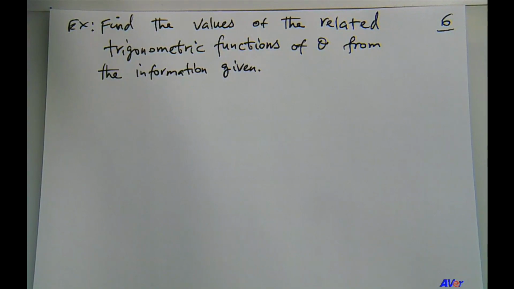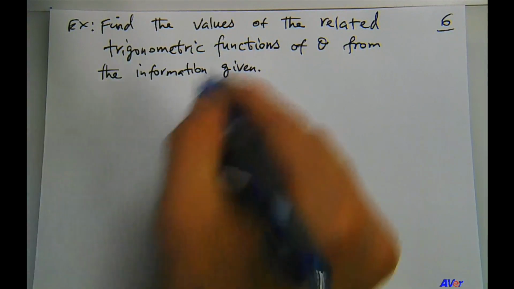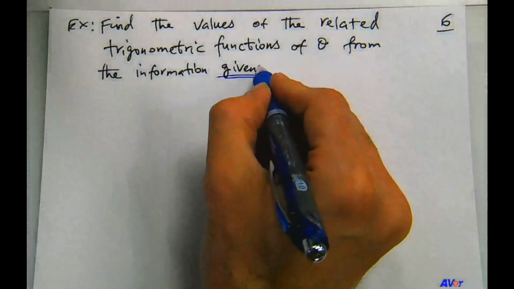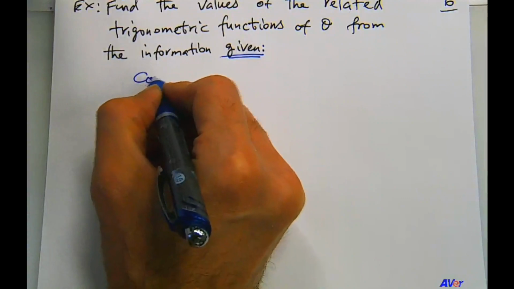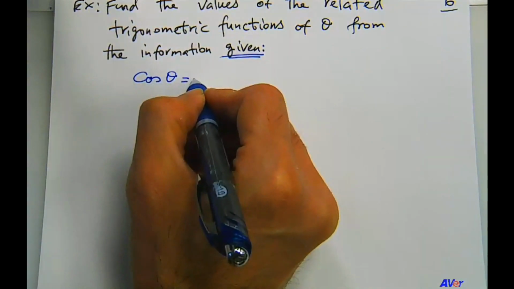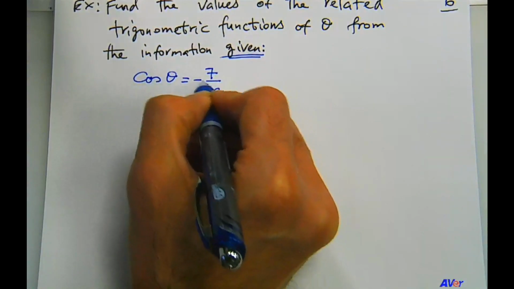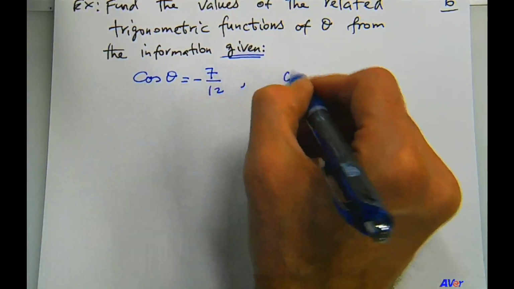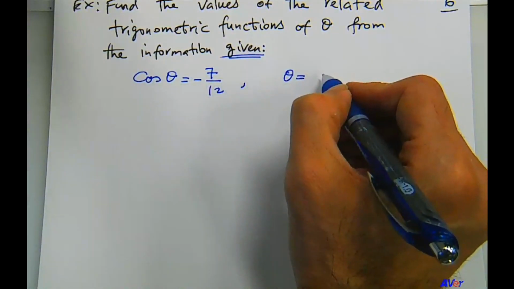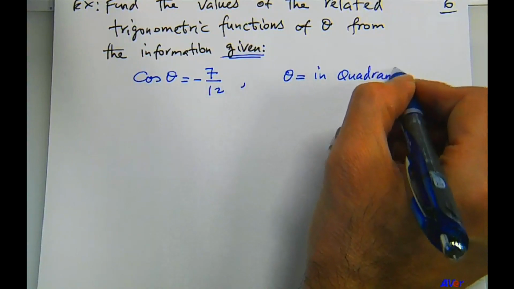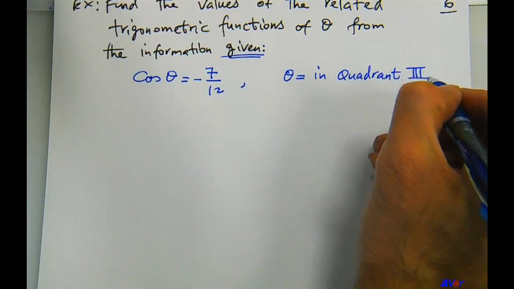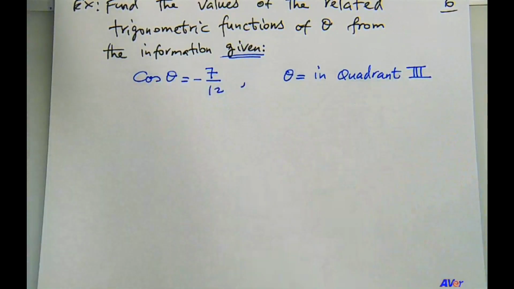So let's see what is the information given. We are told, this is the given information, that cosine of theta is equal to minus 7 over 12. And we are told that theta is in quadrant 3.